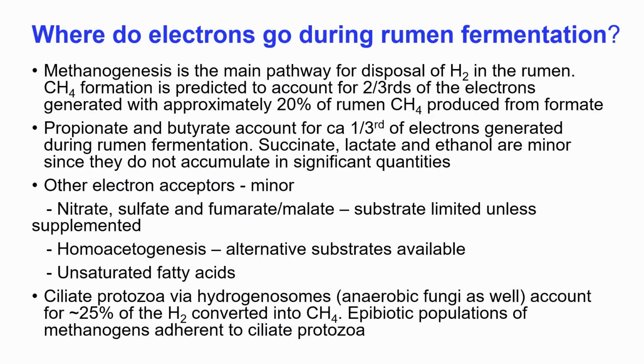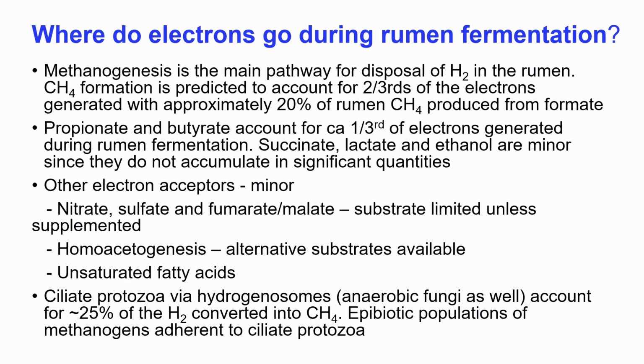Unsaturated fatty acids, or saturation of these unsaturated fatty acids, is really a minor part of electron disposal. Probably one of the things that's greatly overlooked is the role of ciliate protozoa, and they have hydrogenosomes, these subcellular organelles that are primitive mitochondria that generate hydrogen, and they result in these epibiotic populations of methanogens.